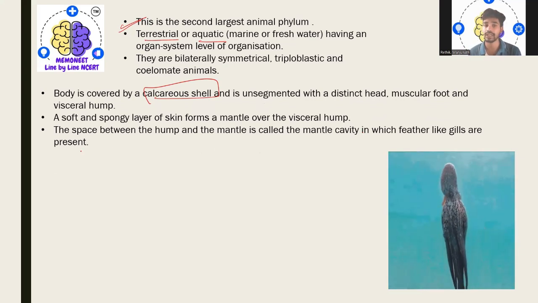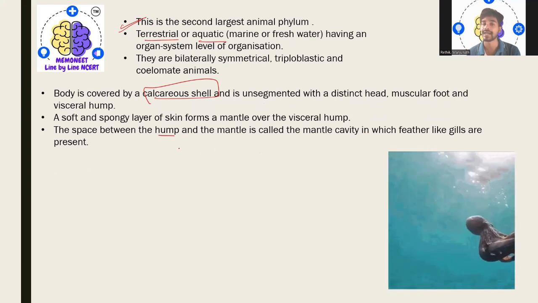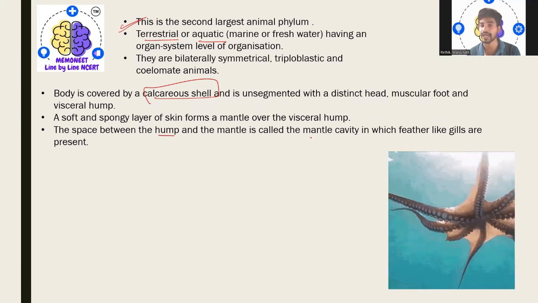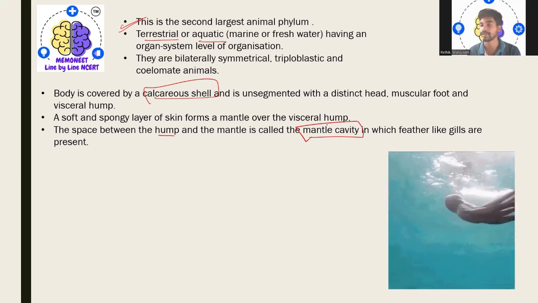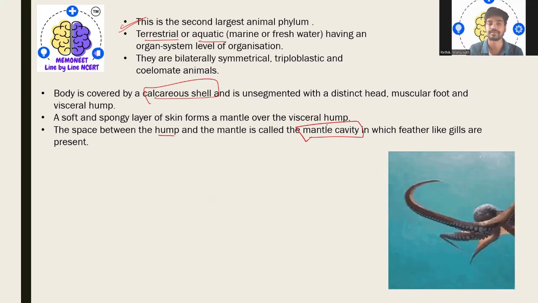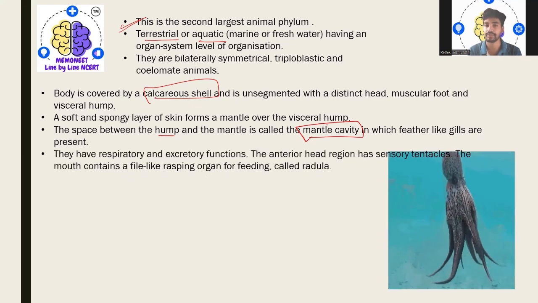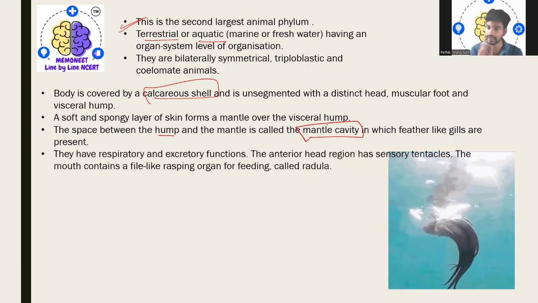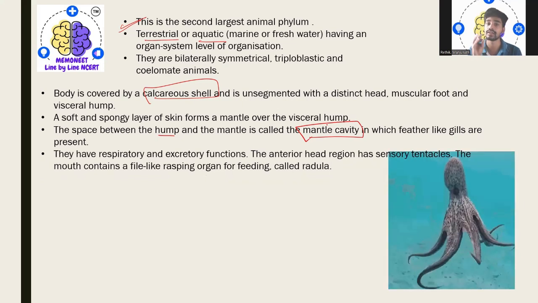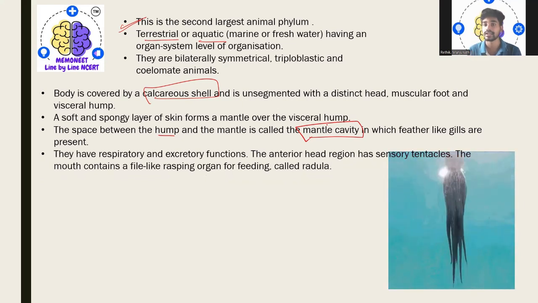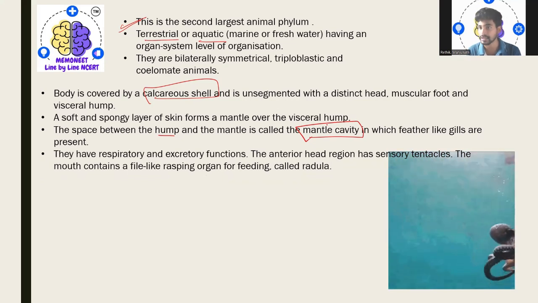Then the space between the hump and the mantle is called the mantle cavity, in which feather-like gills are present. Then they do have respiratory and excretory functions. The anterior head has sensory tentacles.